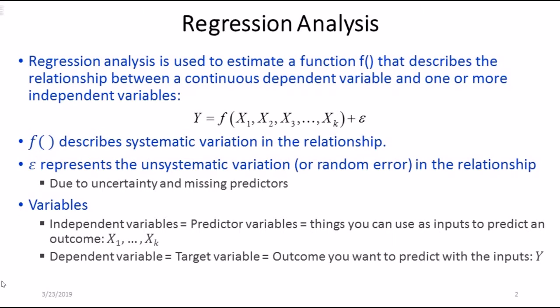For example, H1, H2, etc. A dependent variable, or sometimes we also call target variable, is the outcome you want to predict with the inputs. The dependent variable or target variable is usually denoted as y.